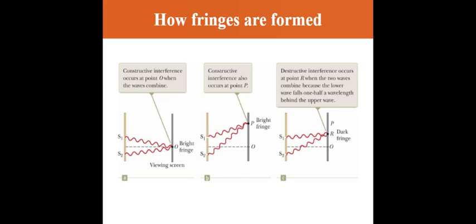And for constructive interference, as long as the difference in the path length between light from slit 1 and light from slit 2 is some multiple of the wavelength of light, then constructive interference is going to happen. So across the screen, you have points like point B, where the path difference is a multiple of the wavelength, so both waves arrive in phase.